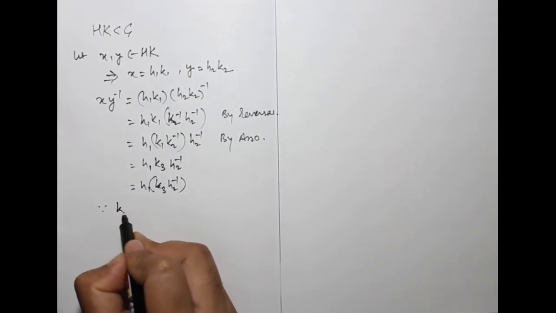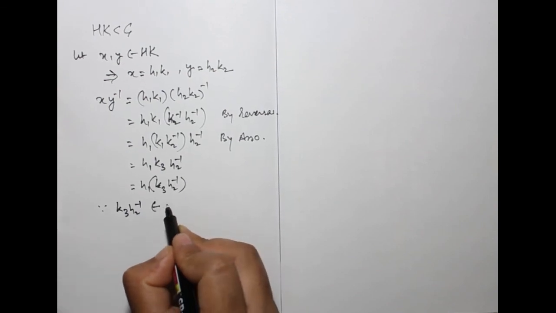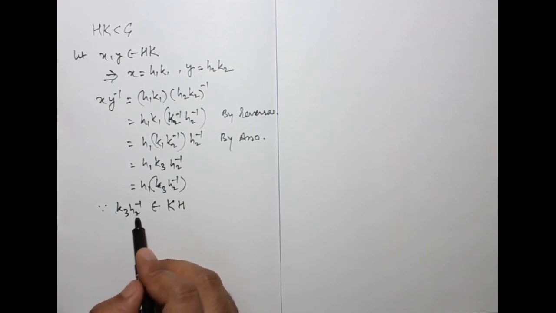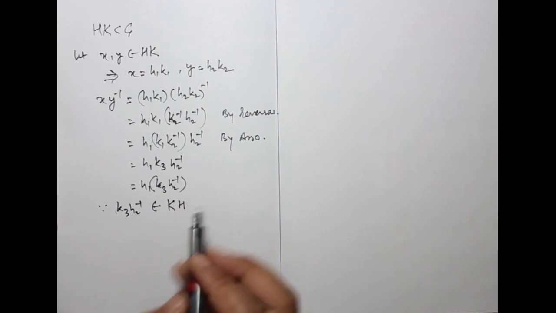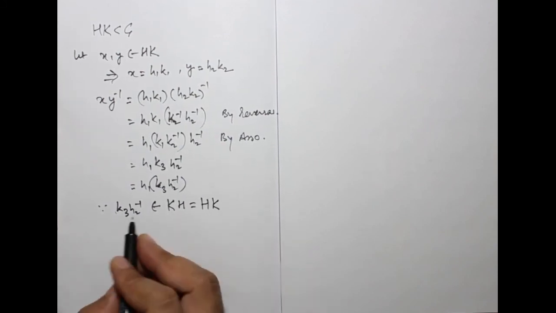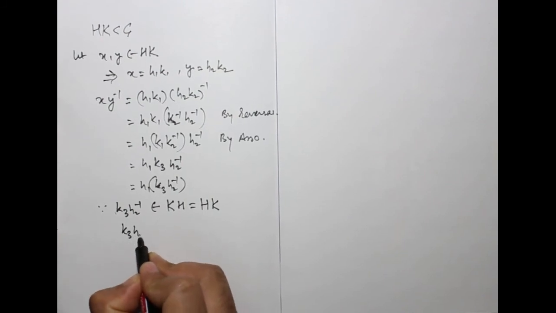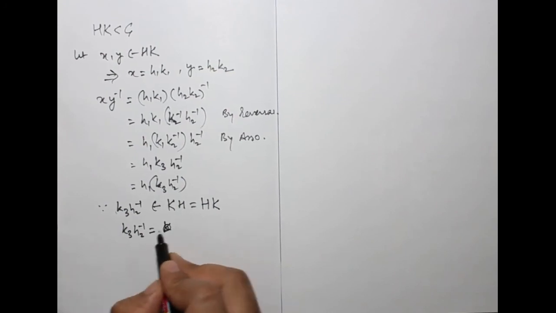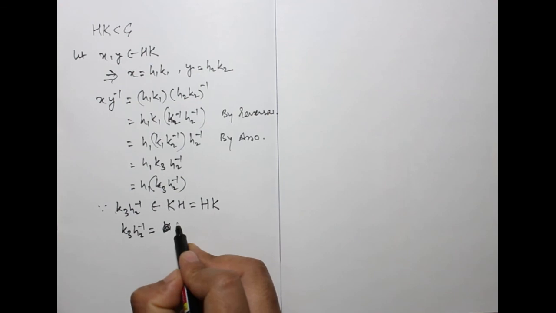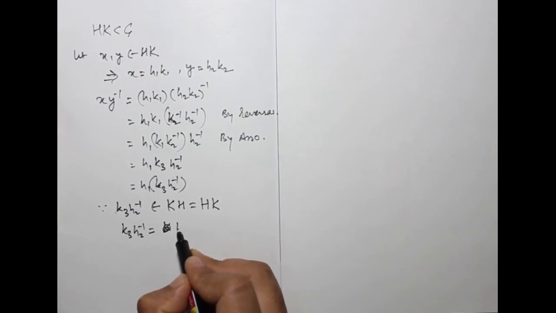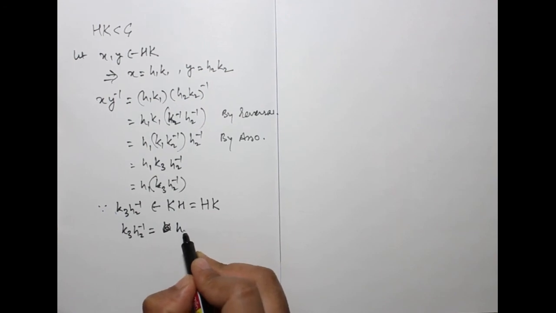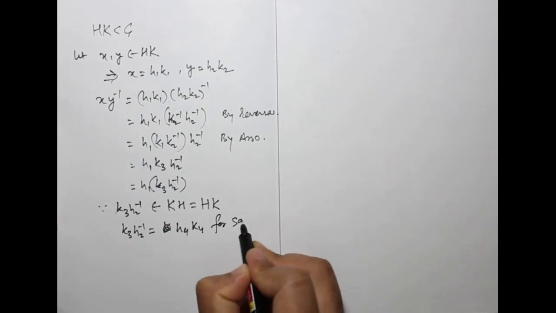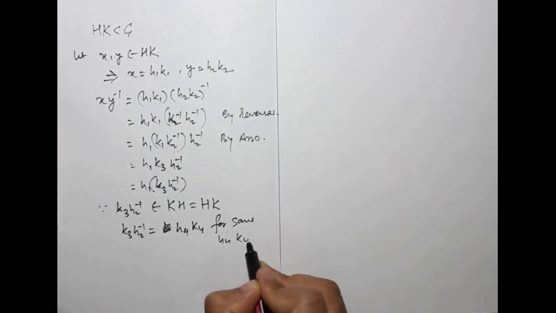Since k3 h2 inverse belongs to KH, because this is an element of K and this is an element of H, and KH equals HK, we may write this element as some element, suppose h4 k4.